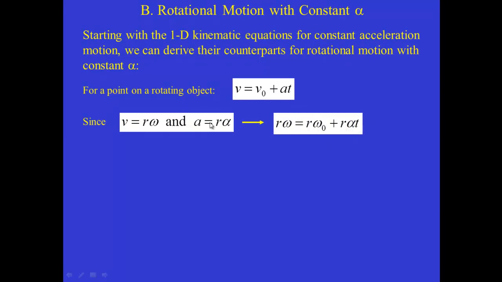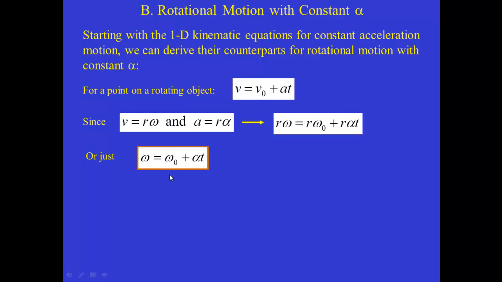So when we make those substitutions, we get r omega equals r omega 0, where omega 0 is the initial angular velocity, and then we have r alpha times t. And look what happens. The r is in all three of those terms, so if we divide both sides by r, we just get omega equals omega 0 plus alpha t.